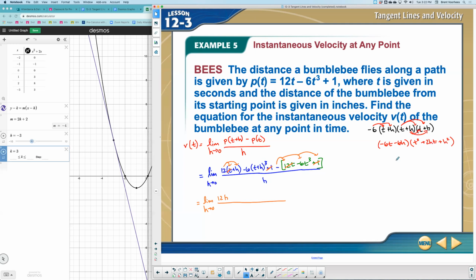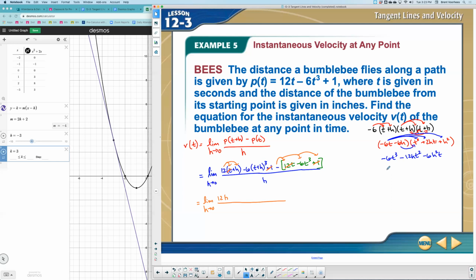So now I'll multiply these two groupings. I will have here a -6t cubed minus 12ht squared and a minus 6h squared t.